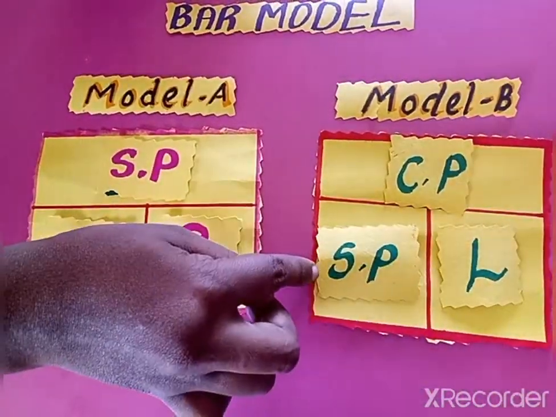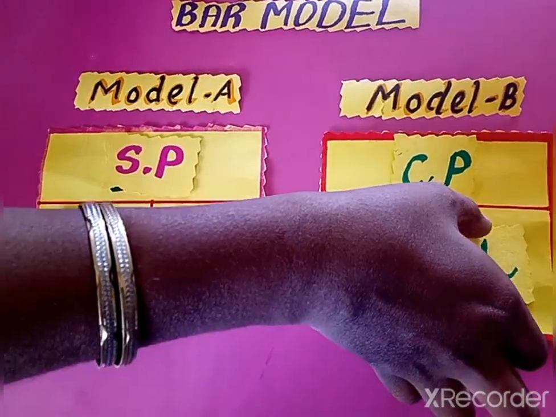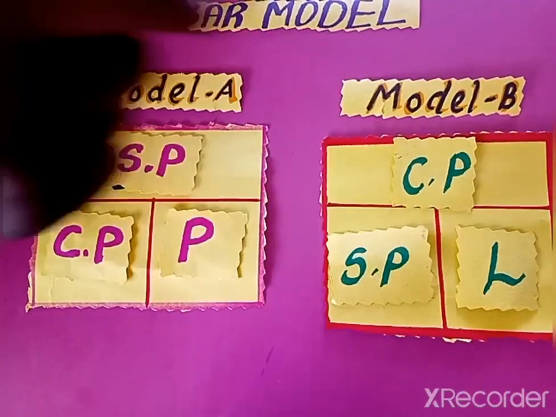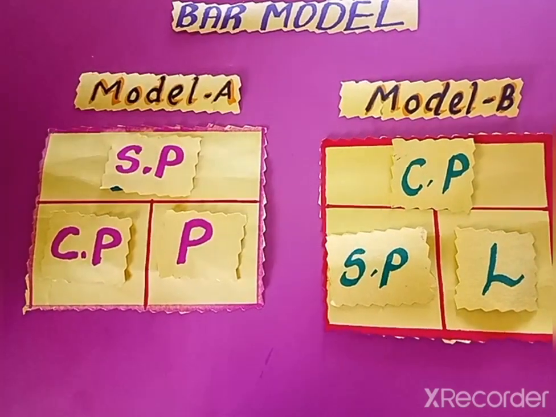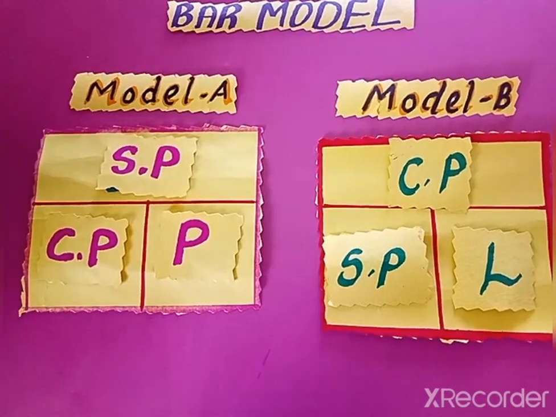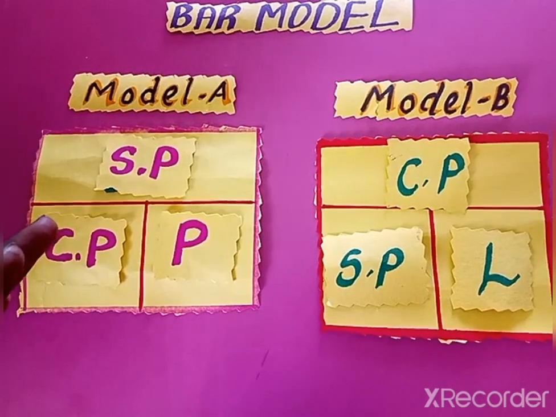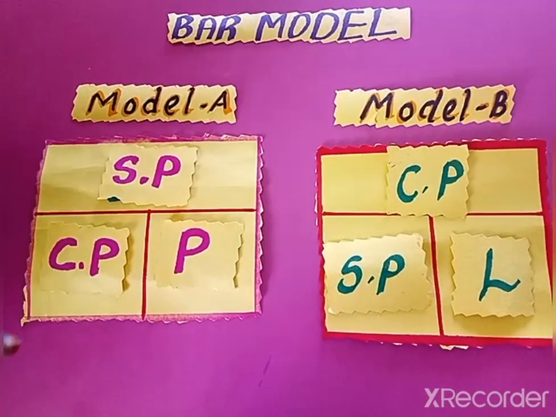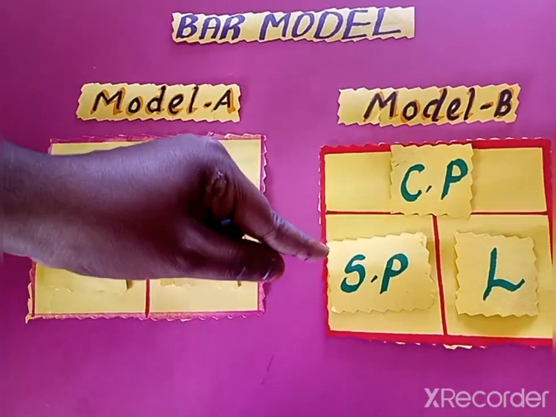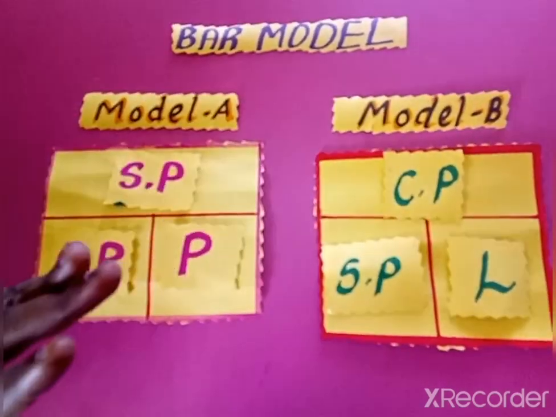Yes, the selling price and loss together we will get the cost price. This is the bar model for loss. So we have two different models, model A, model B. Now, are you all clear with this, both the models? If you are clear with this, next it is easy to find selling price, cost price, profit, as well as here selling price, cost price and loss. Okay.